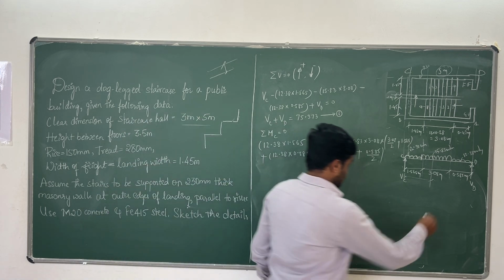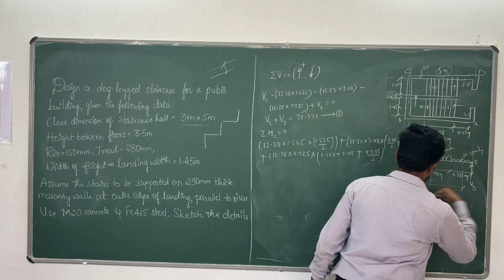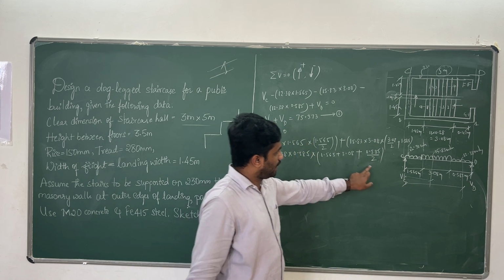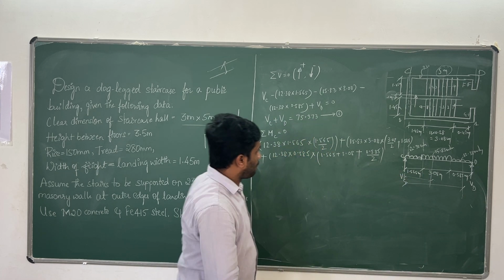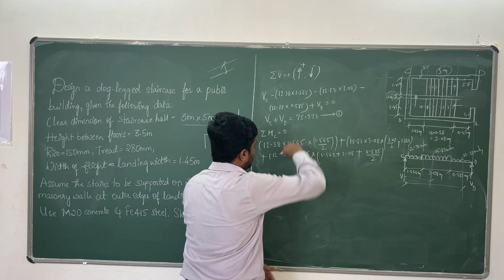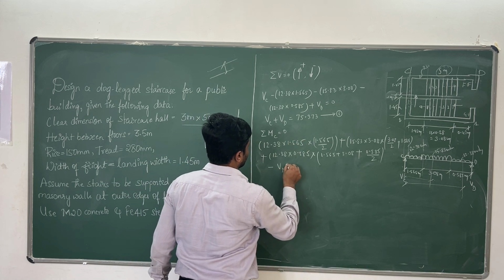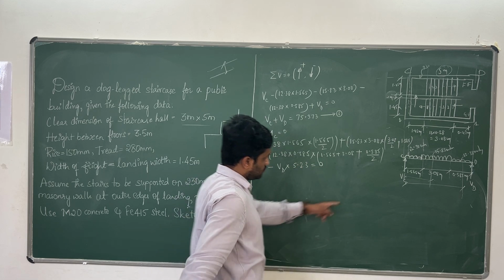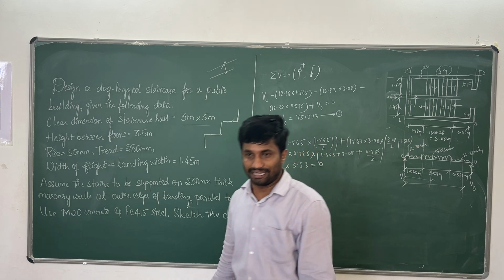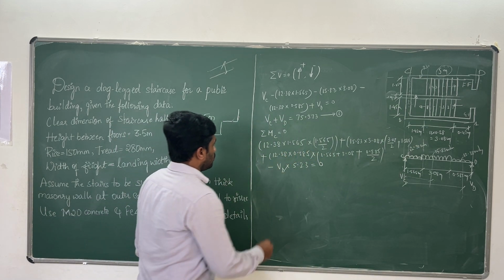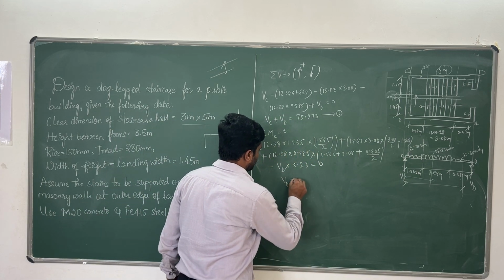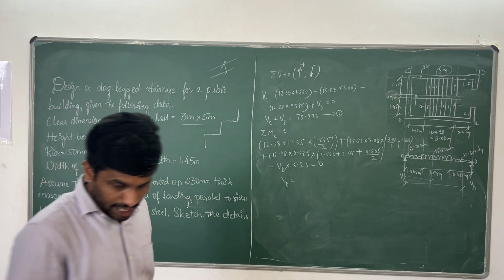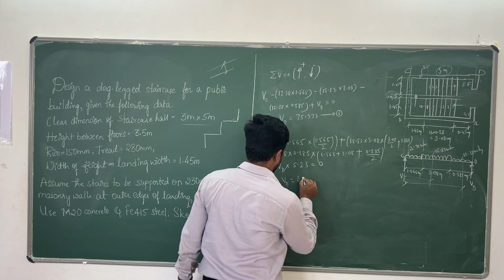So this full distance here to here is 1.565 plus 3.08 plus 0.585 by 2, and finally anti-clockwise minus VD multiplied by 5.23, the total distance, which is equal to 0. Now we are getting VD value. We solve this. What is the VD value? 38.68 kilonewton.